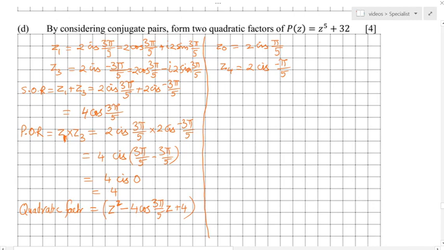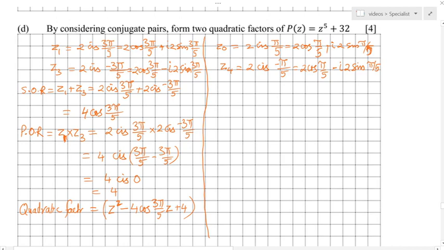Here also we can do the same thing. So I can write this as 2 cos pi over 5 plus iota times 2 sine pi over 5. And this becomes 2 cos pi over 5 minus iota 2 sine pi over 5.